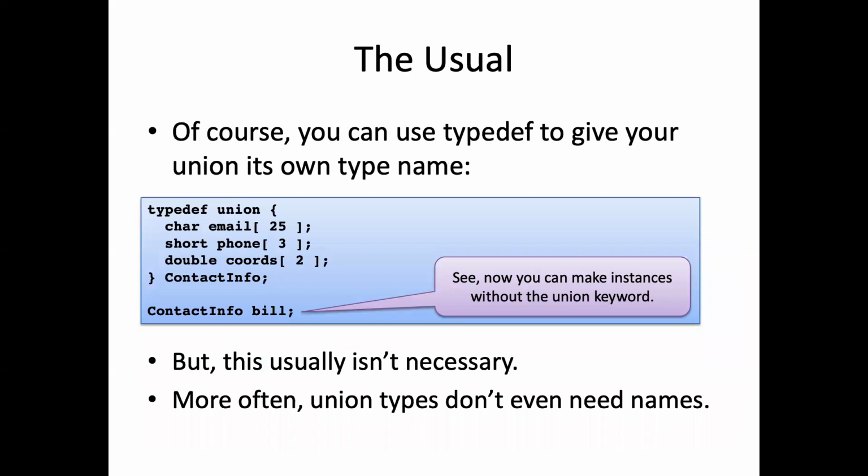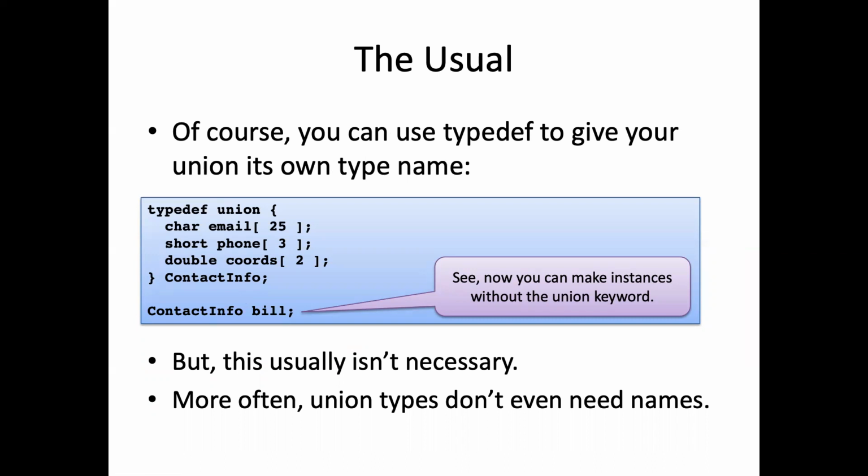I said this before, just like with struct, you can use typedef to give a short name for the union, so you don't have to say union every time. But really, I feel like you rarely end up doing this, because you rarely end up having a union that's just sitting outside any other type of object.